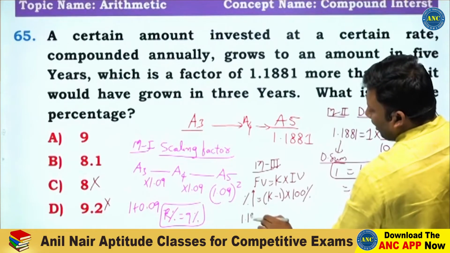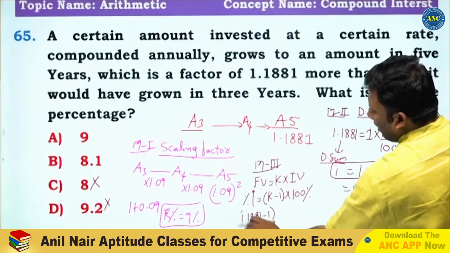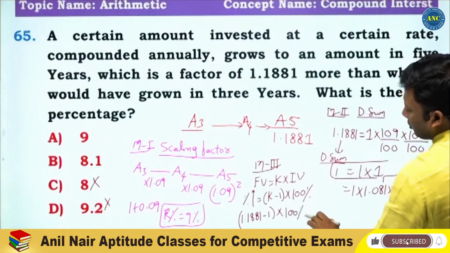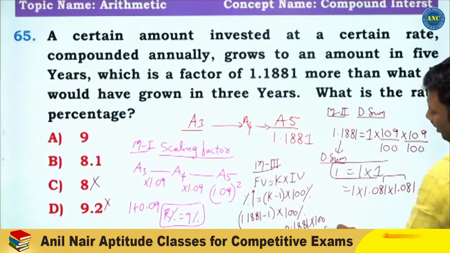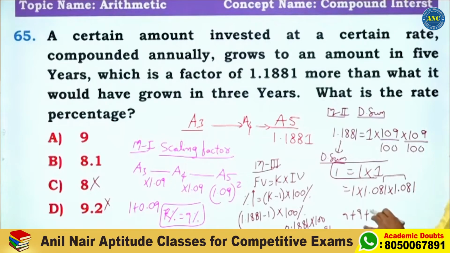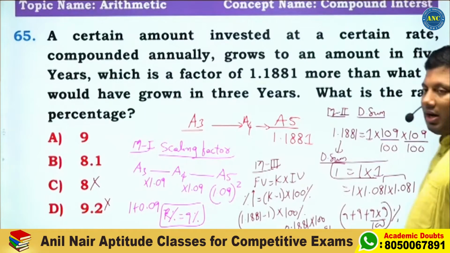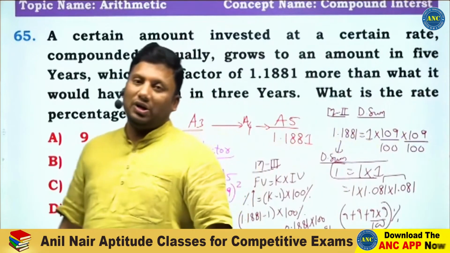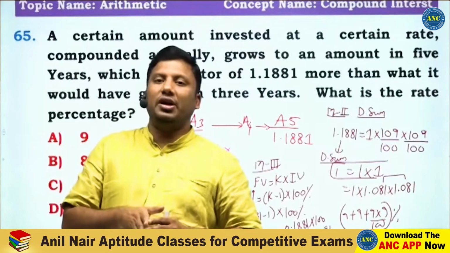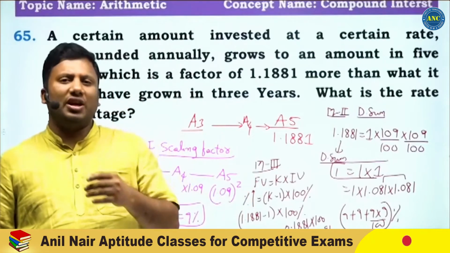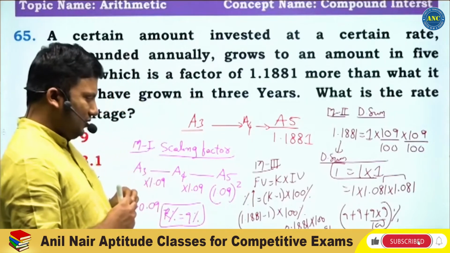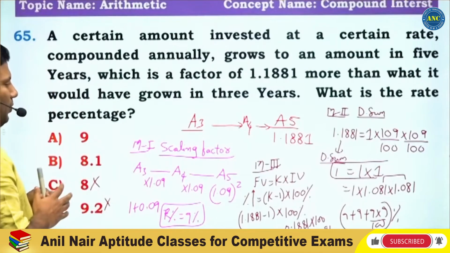So 1.1881 minus 1 into 100 percentage, which is 0.1881 into 100, which is 18.81. 9 plus 9 plus 9 into 9 by 100. Definitely the answer will be 9 percentage, not 8.1 percentage. If I take 8.1 percentage, I will get 8 plus something, around 16 something. Answer should be around 18.81.